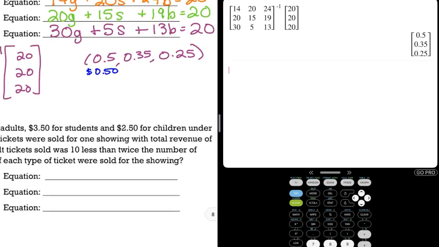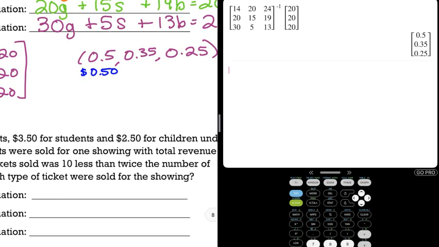So 50 cents, maybe it should be dimes are worth. Not dimes, gold. Gold is 50 cents. Gold tokens are. Maybe I should put it like that. I'm trying to write it the correct way. Gold tokens are 50 cents.